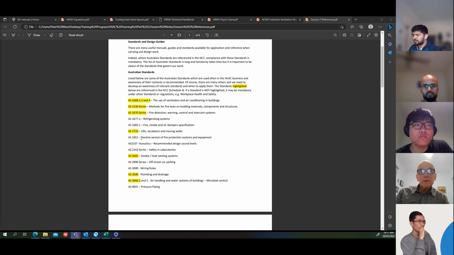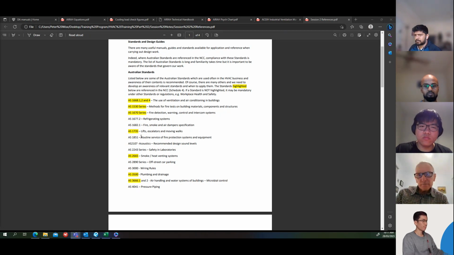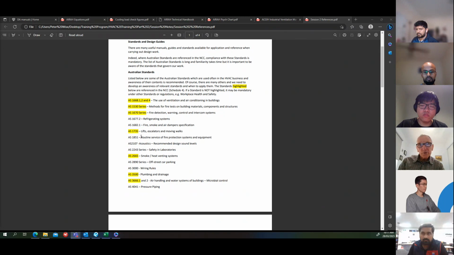Just for your information, 20% of fire dampers have to be inspected every year. So that means within 5 years, every fire damper in a project has to have been inspected. And log books have to be kept. So the fire dampers are all numbered. Make sure when the drawings are done that all these fire dampers are numbered.